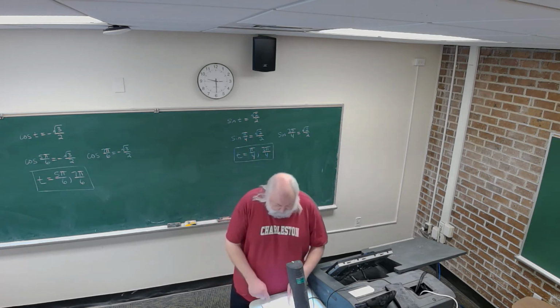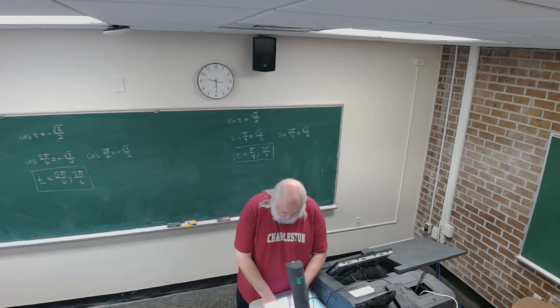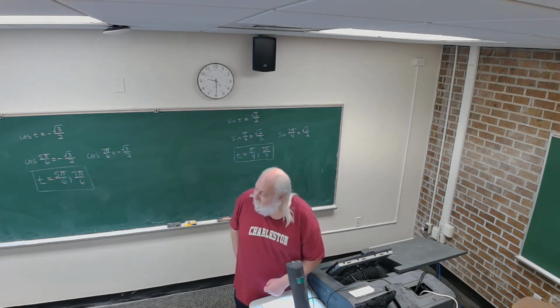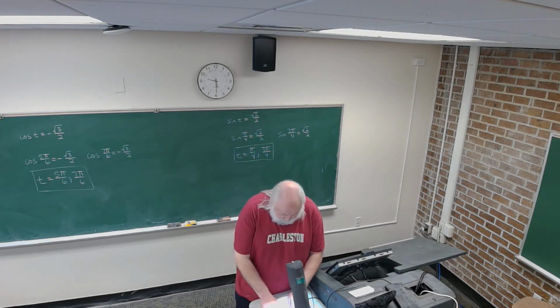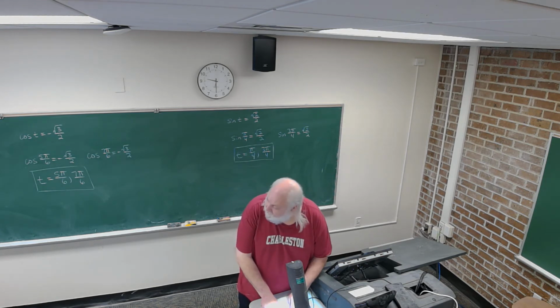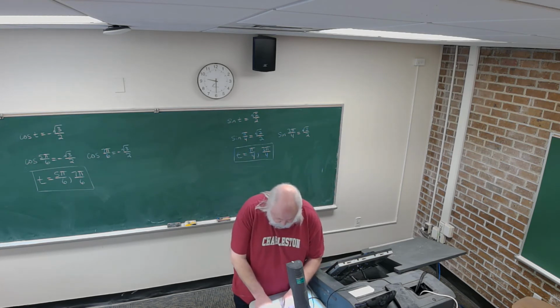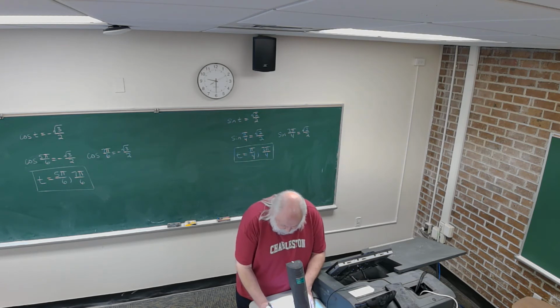So that means the graph of sine x is going to repeat itself every 2 pi radians, or 360 degrees. So this is the graph for one period, from 0 to 2 pi radians. If you pick up the graph and move it over 2 pi radians, you get the same pattern all over again.